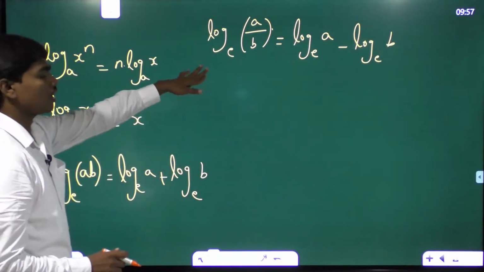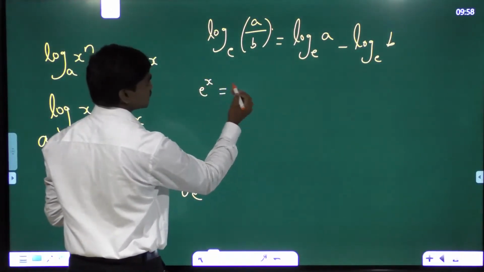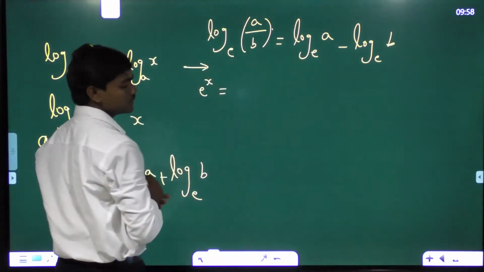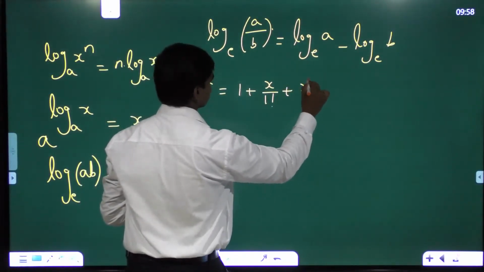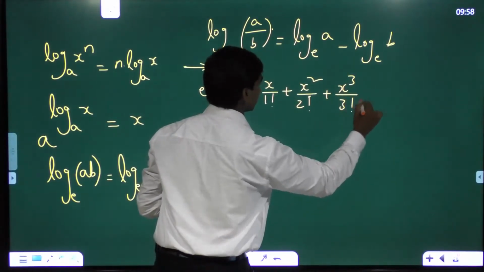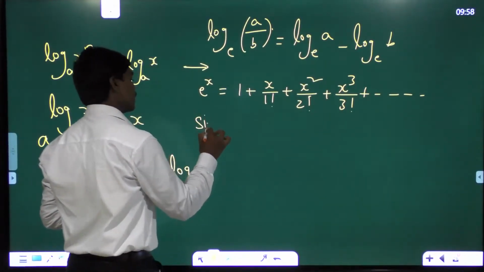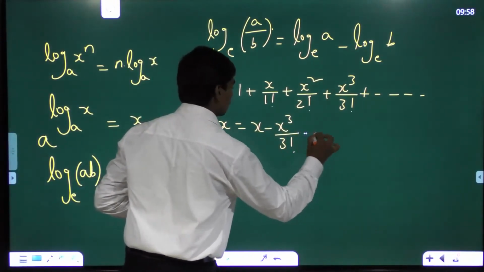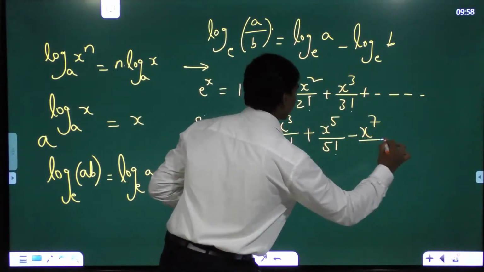Now, along with these logarithm properties, I would like to give you a few expansions as well. For example, the e power x expansion about x equal to 0, which I would derive in Taylor series. For right now, e power x is equal to 1 plus x by 1 factorial plus x square by 2 factorial plus x cube by 3 factorial and so on. Similarly, sin x is equal to x minus x cube by 3 factorial plus x power 5 by 5 factorial minus x power 7 by 7 factorial and so on.